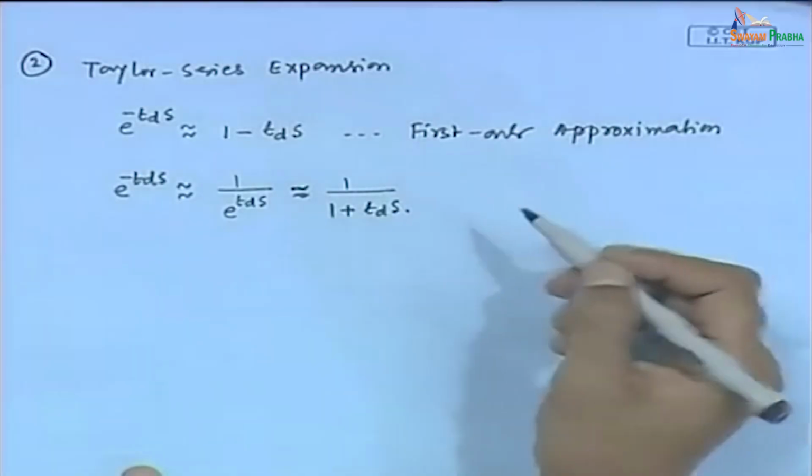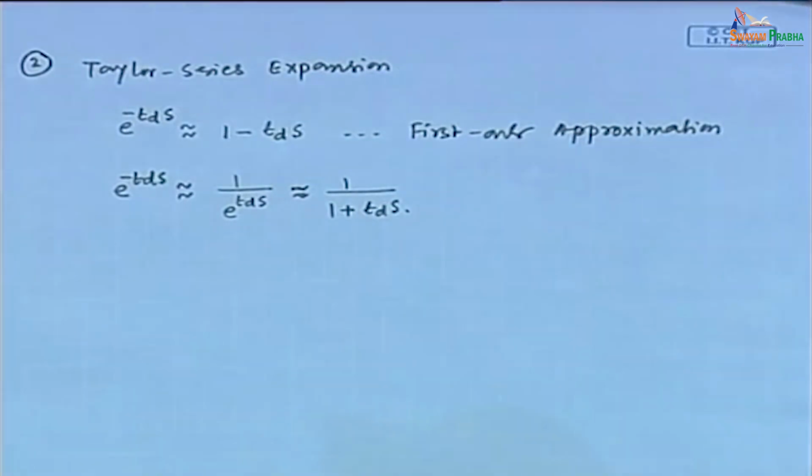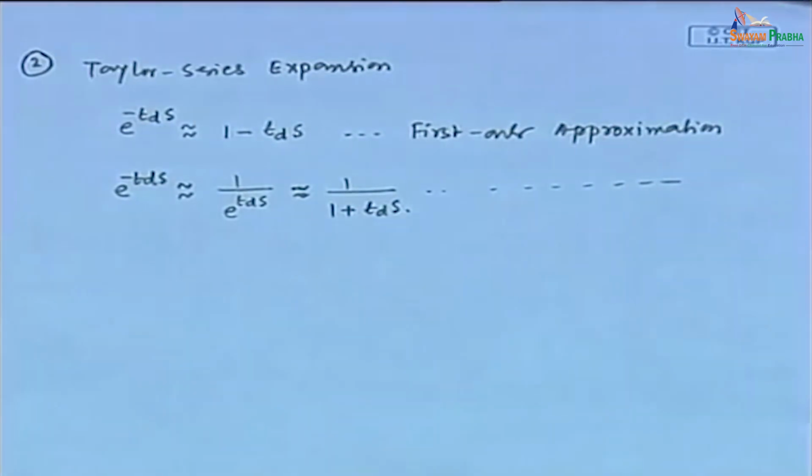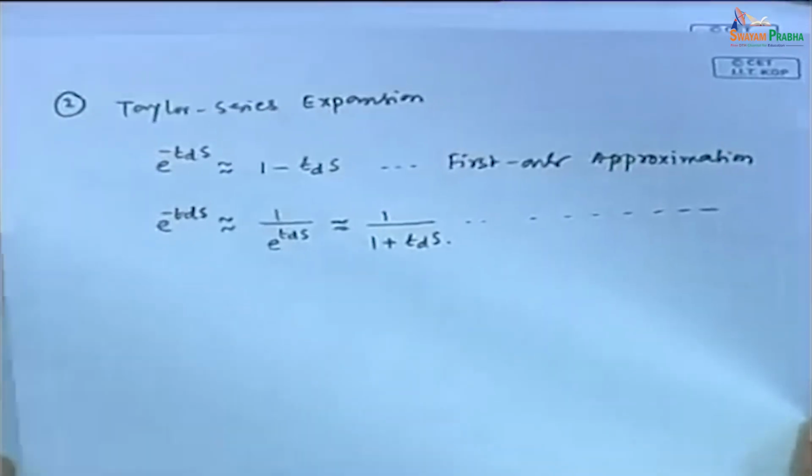Exponential of minus TDS equals 1 by exponential of TDS, and that is equal to 1 divided by 1 plus TDS. This is also first order Taylor approximation. Fine. Next we will discuss in the reverse way, I mean how we can represent a higher order transfer function by a lower order transfer function.